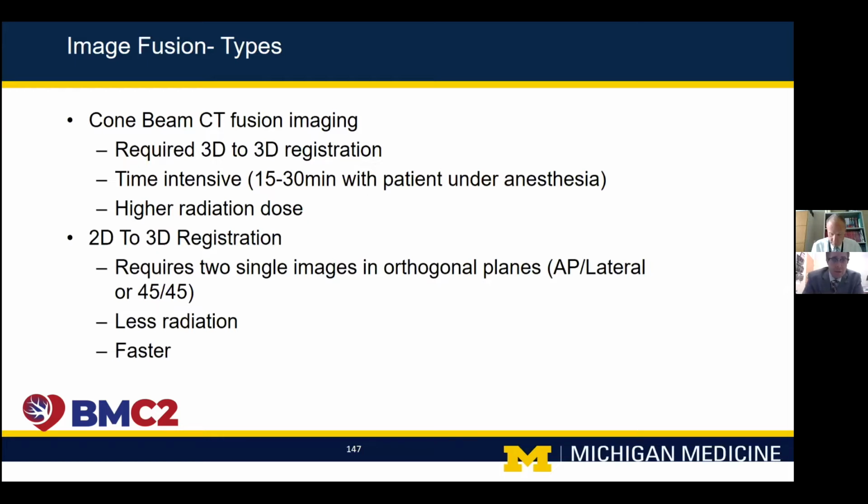The benefit of using that, as opposed to the original description that Dr. Greenberg and others had described, is that it's significantly less radiation to just have two fluoro images. It's fast, it takes only a couple minutes to do that portion of it, as compared to doing a cone beam CT and then processing the cone beam CT to create the images and then fuse them, which took about 15 to 30 minutes. So it's a procedure that's really made it much more approachable.